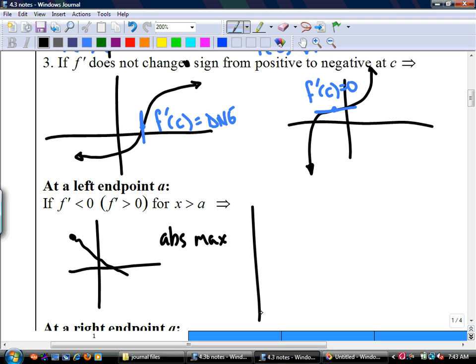And then no, local maxes are only at interior points. Could be an absolute max, not a local max. Not allowed to be. They're not defined that way. Except then the textbook says it has to be. Oh, that's stupid.